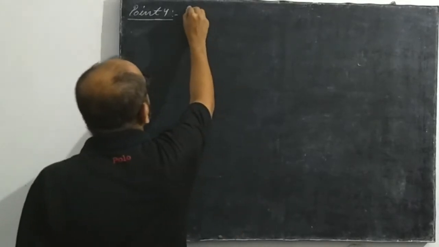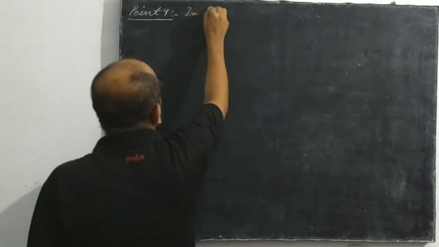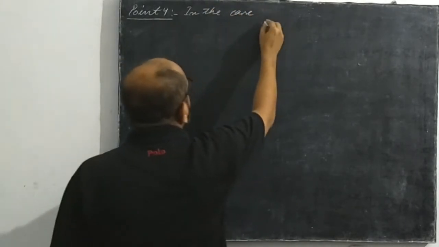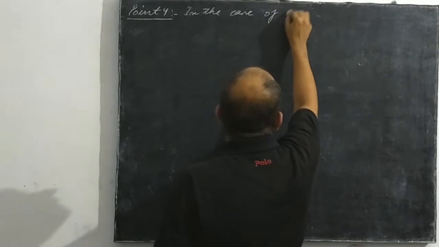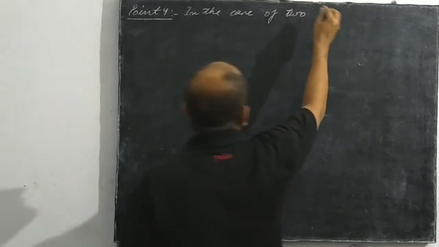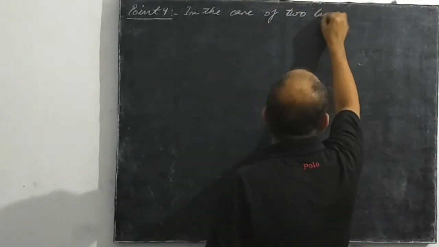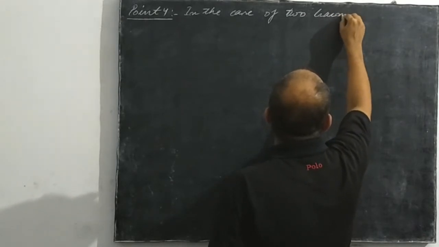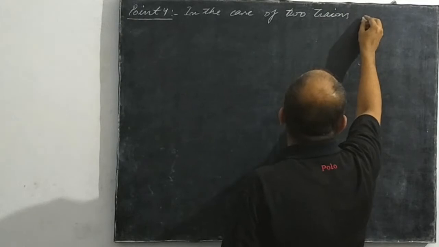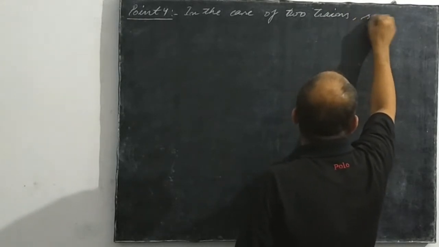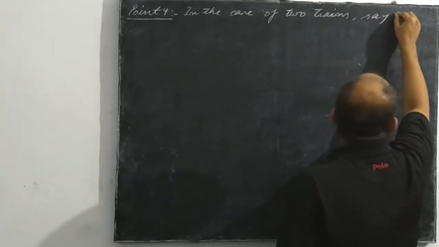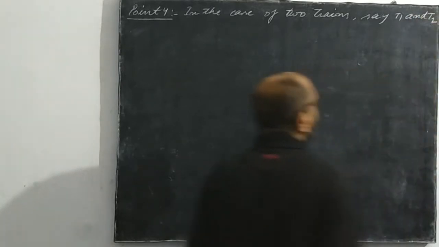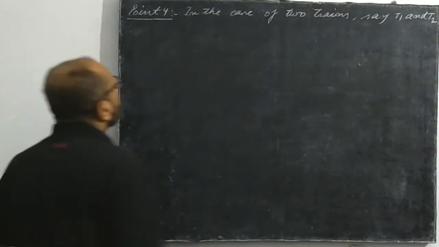In the case of two trains, say T1 and T2. Suppose T1 and T2 are two trains.